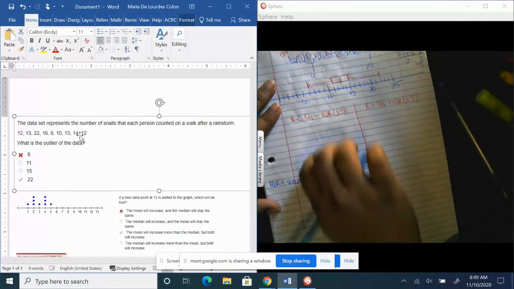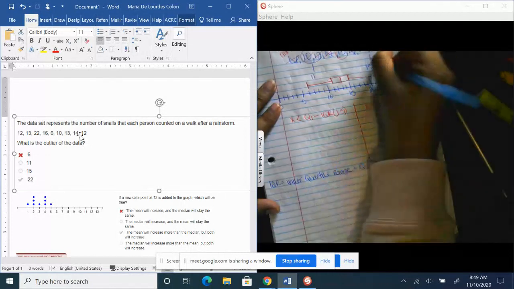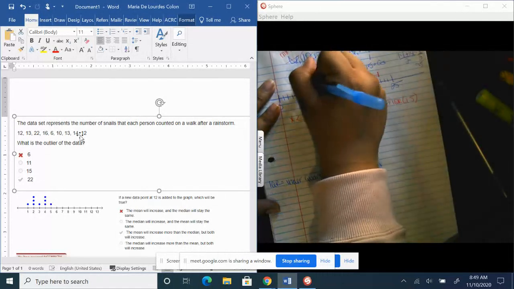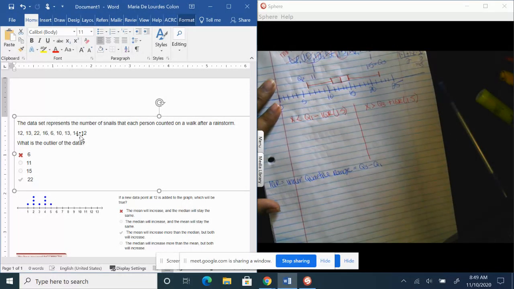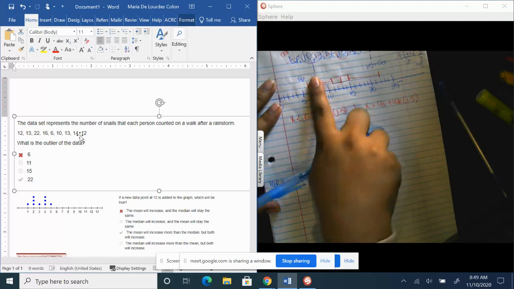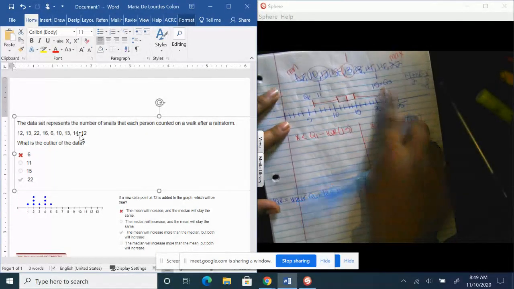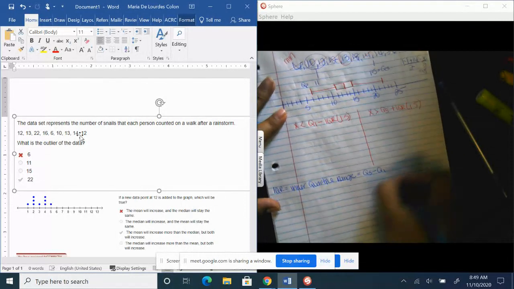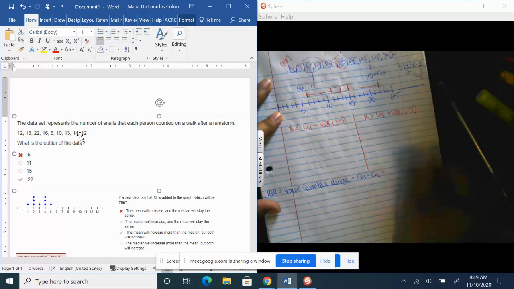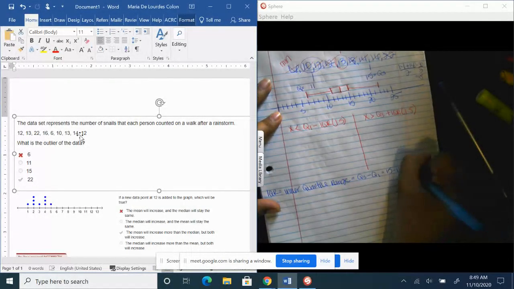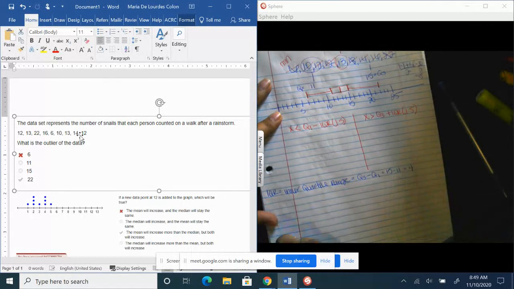So in this case, Q3 is 15 and Q1 is 11. So the median of your lower quartile and the median of your upper quartile. So to find our IQR here then, 15 minus 11, so the IQR for this problem is 4. So keep it in mind, this is based on the data set that you have.